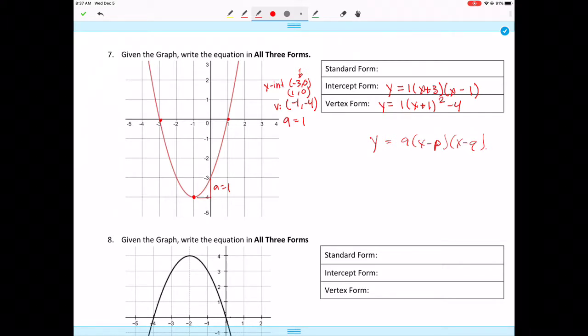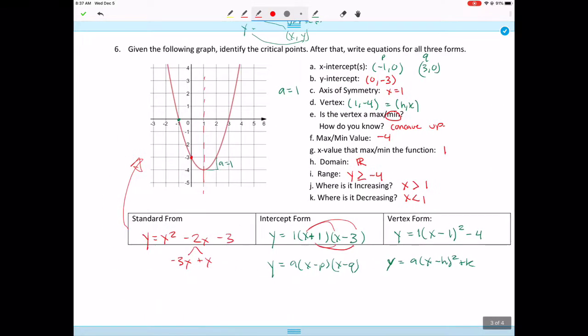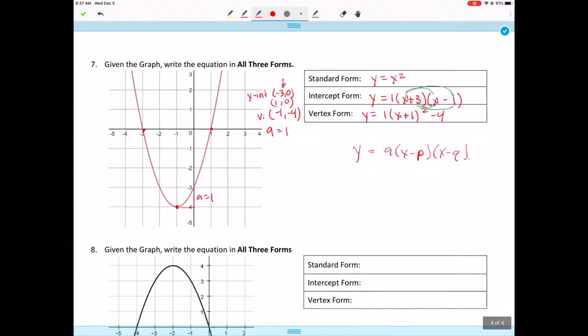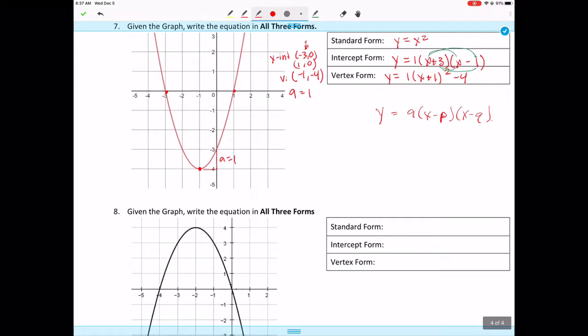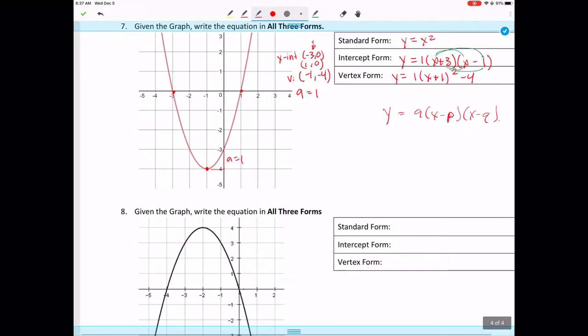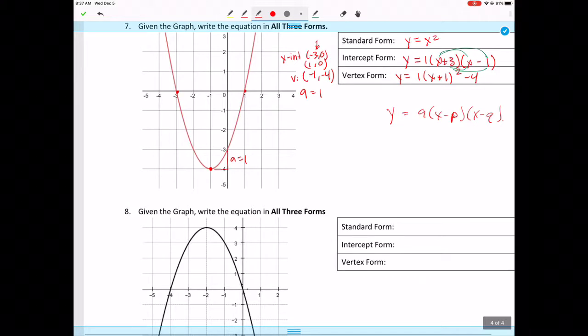All right, so finally, standard form. All I would do is distribute in intercept form, and that will give us y equals x squared. This one looks just like the other one; they're like the same problem, just flipped over the y-axis.